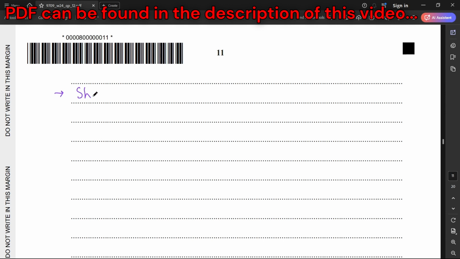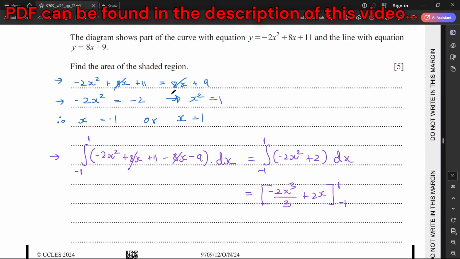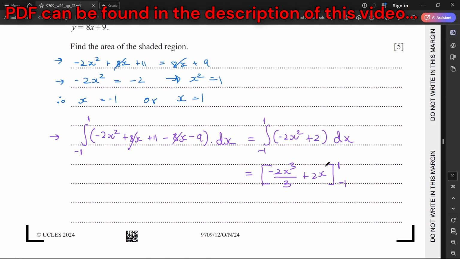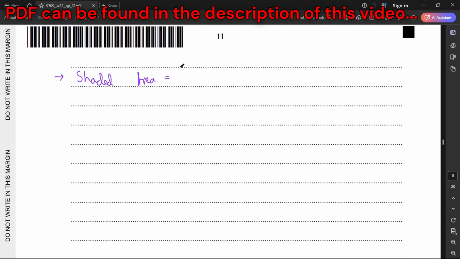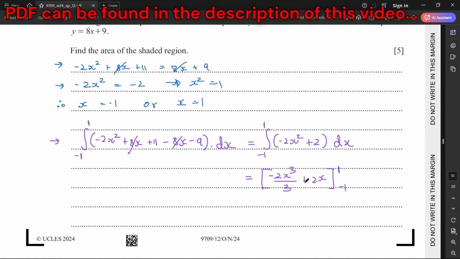So the shaded area is equal to, I'll just need to substitute the value of 1 inside this. So it's going to become -2/3 + 2. And then a negative sign in between. -1, if I put over here, is going to become positive 2/3 and minus 2.